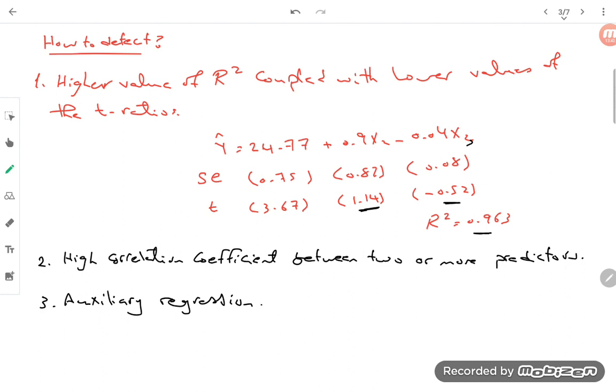So if we are going to take the same last example and find the auxiliary regression, we are going to make a regression for x2 on x3. This is the auxiliary regression.